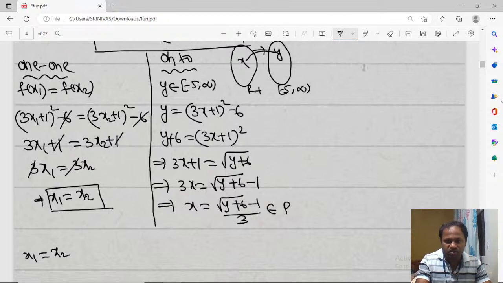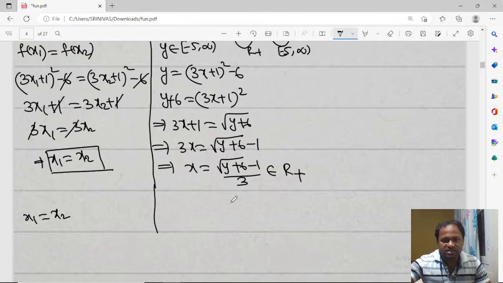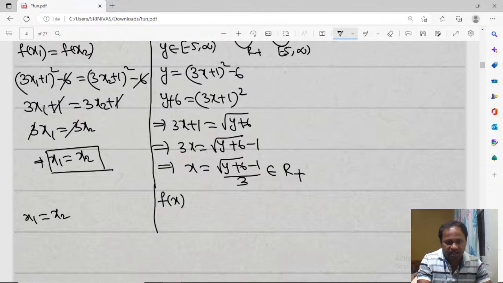It belongs to R plus, certainly. Now I got x. After getting x, I need to prove that f(x) = y. So let me check. How to prove? It is an obvious condition. f(x), with x equal to (√(y+6) − 1)/3, you can write it directly as y, or you can substitute.